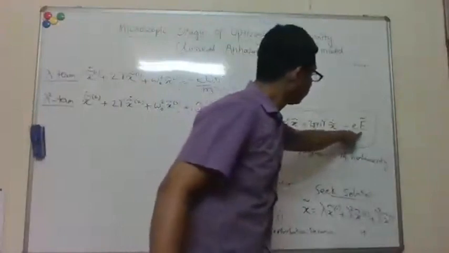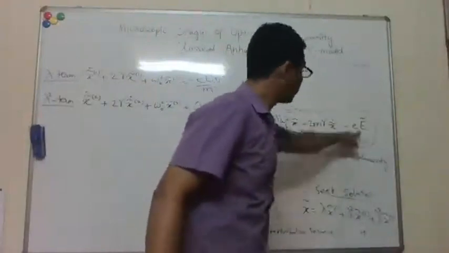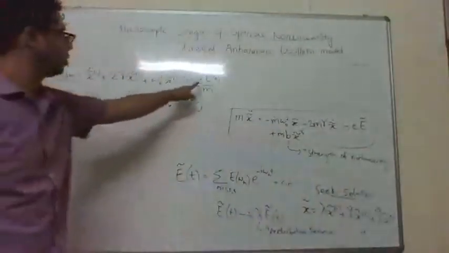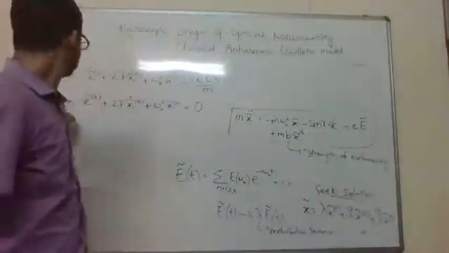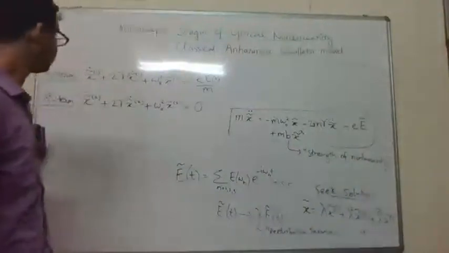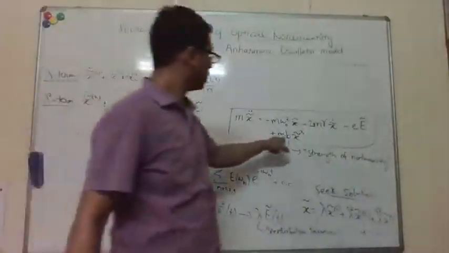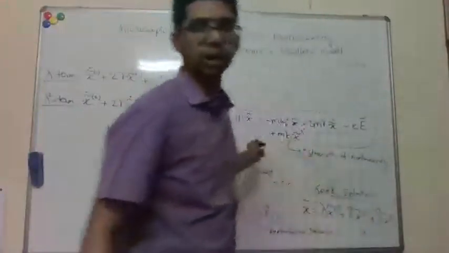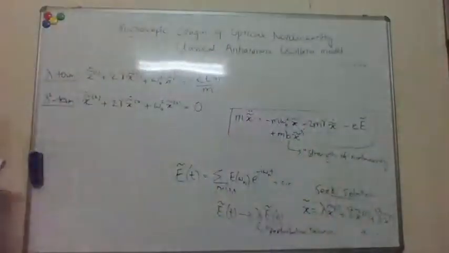But the driving force will not show up because that only has a lambda, and we are looking for lambda square, so that won't show up in the second order term. And similarly, this cube term, because we're cubing this whole thing, it won't have a lambda square term.